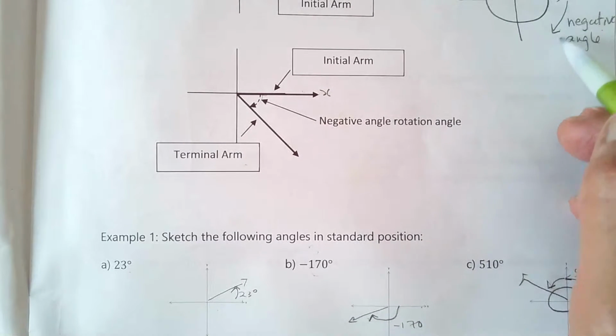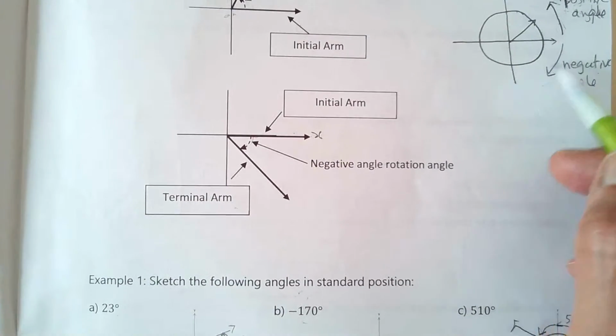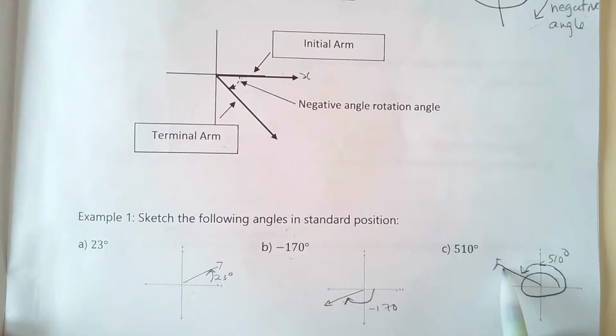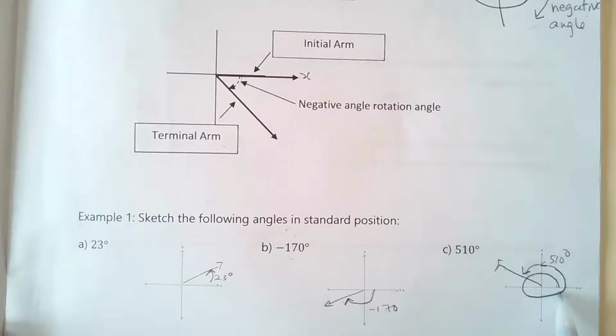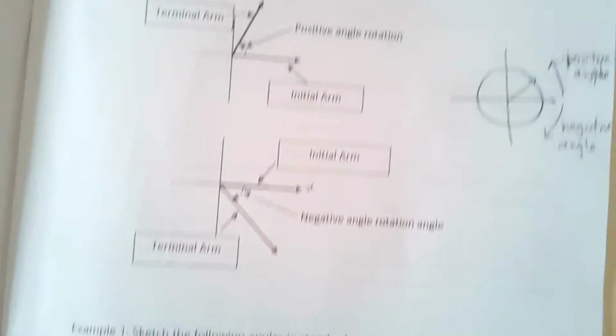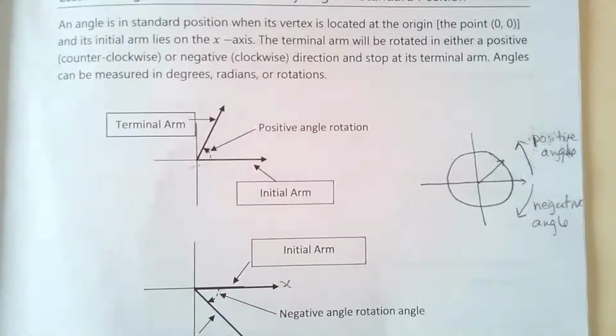So it's negative when you're going clockwise, positive when you're going counterclockwise. Here is 510 degrees. You start from your x-axis, once, twice, so it gives me 510 degrees. So that's an angle in standard position.